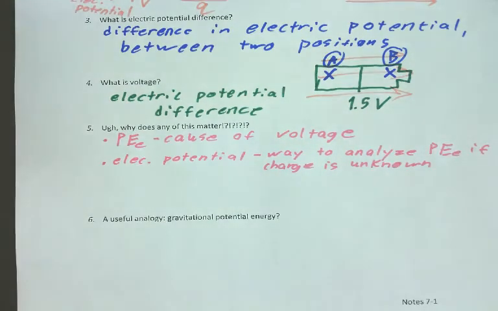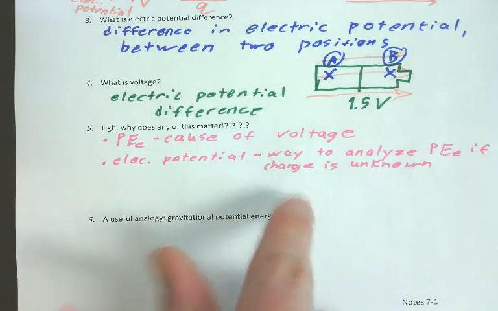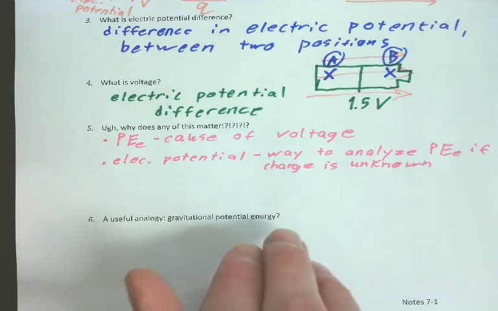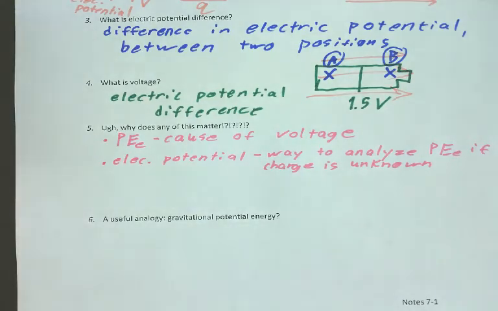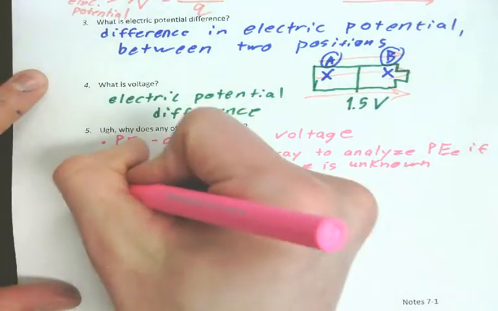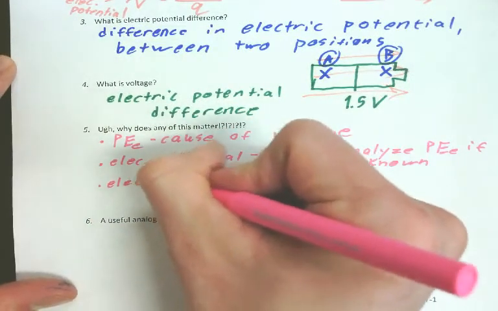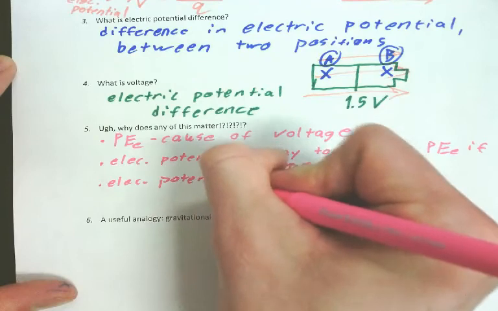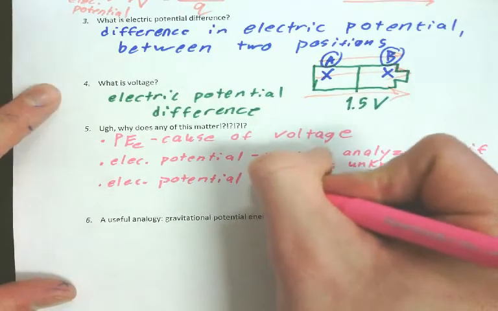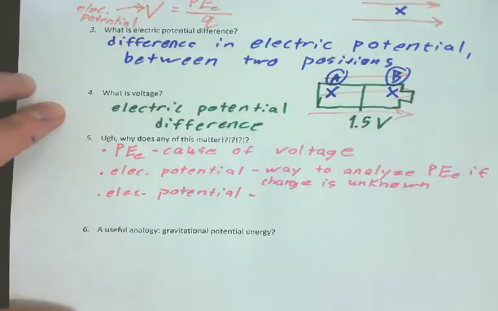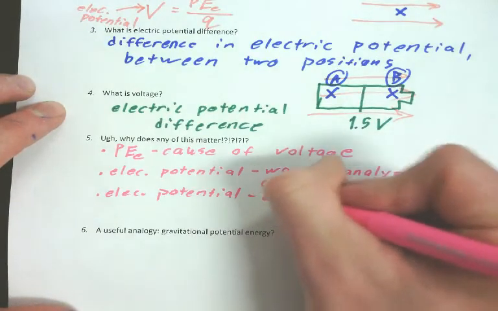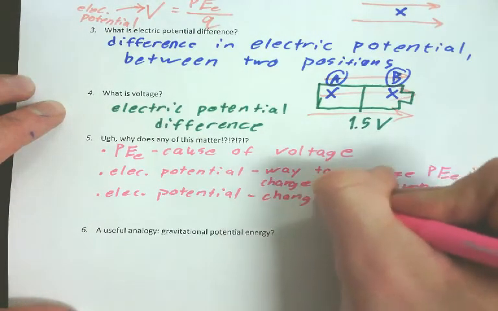Or, as Sam pointed out, if the charge is changing. So this is a way that we can actually look at the energy and figure it out. Electric potential difference matters because change is what's really important.